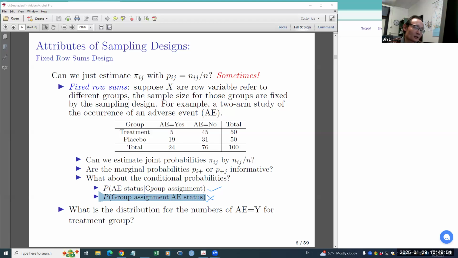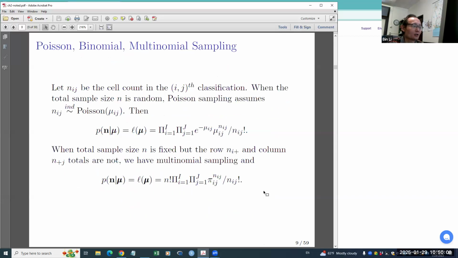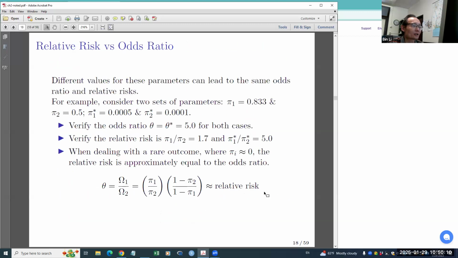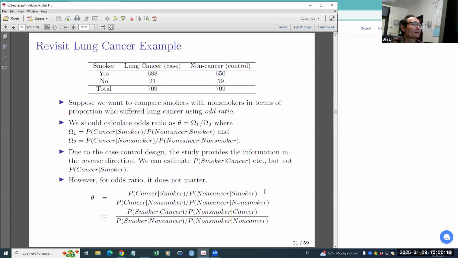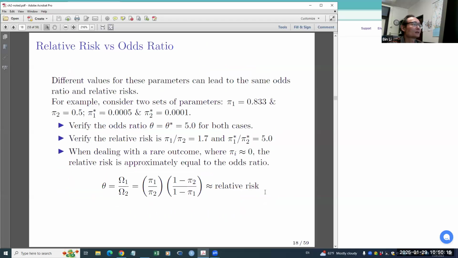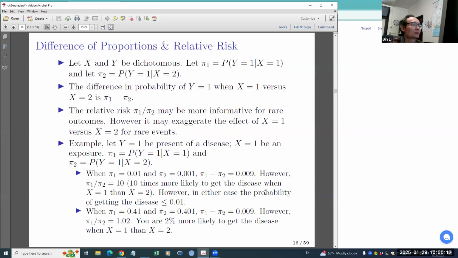So that could be a very serious problem, especially when we want to compare the two probabilities. So when we do this pi 1 minus pi 2, these are conditional probability.